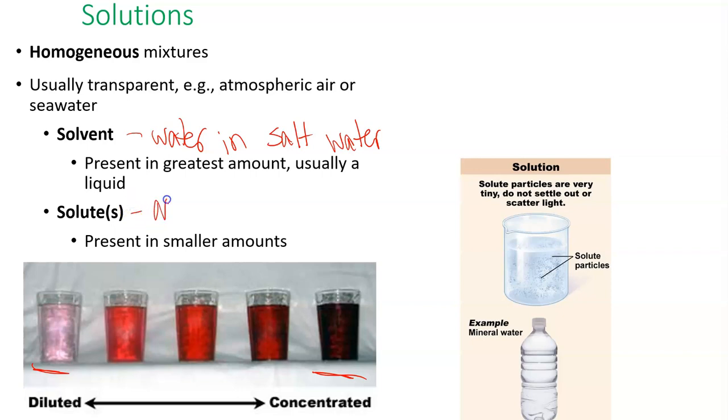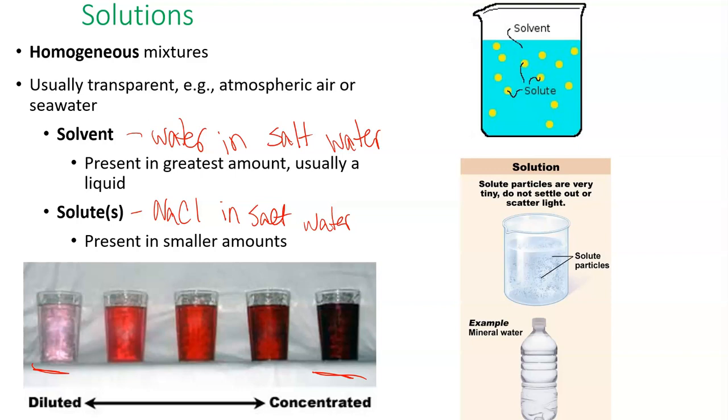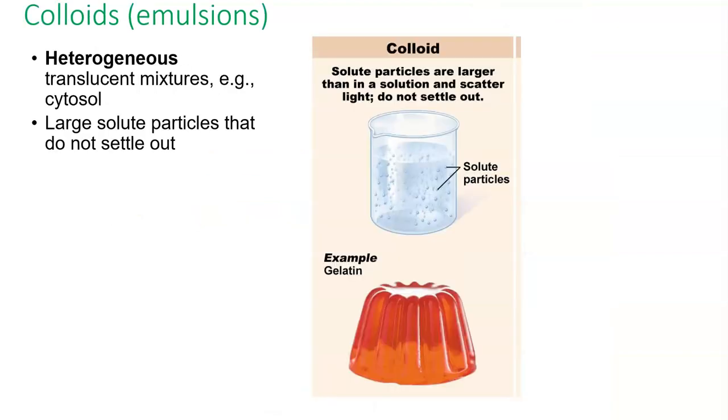In our salt water example, it would be the sodium chloride. So the solute is the smaller amount of particle, and the solvent is present in larger amounts. Another example: if you were to pour table salt, or even sugar, into water, you've got your solute you're pouring into your solvent.